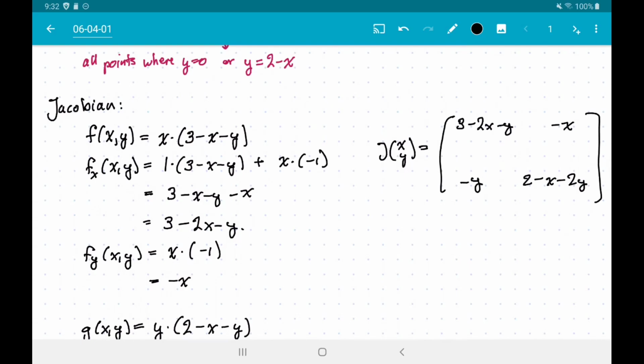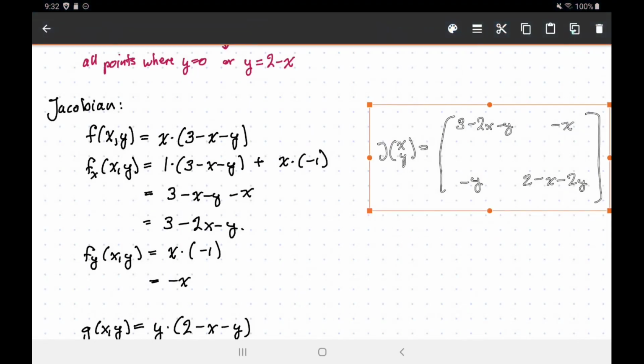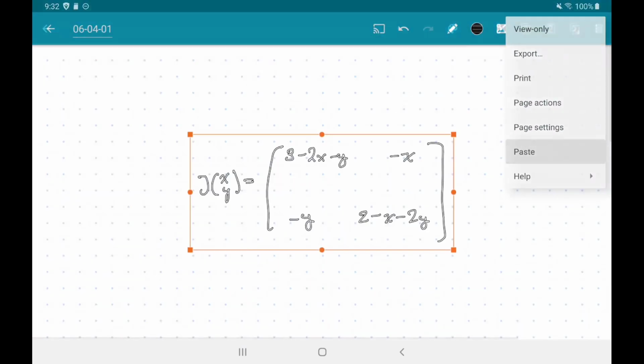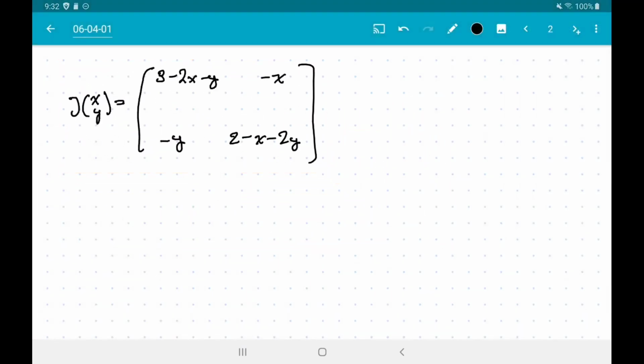Now, let's copy this. Come on, copy. No, copy. There we go. I'm going to go on to the next page. Put that there. Now, our first fixed point was at 0, 0.